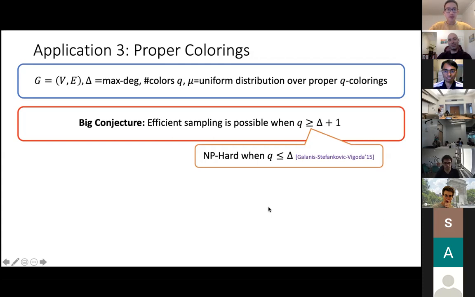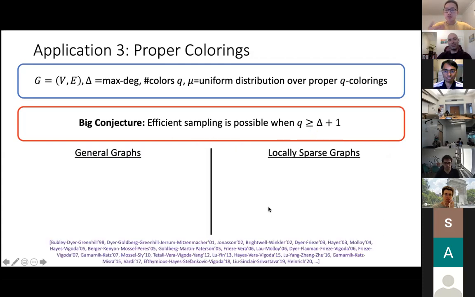Let me mention some of the prior works on this problem. There's been a lot of work studying it. I'm just going to highlight roughly two lines of work: general graphs versus locally sparse graphs.